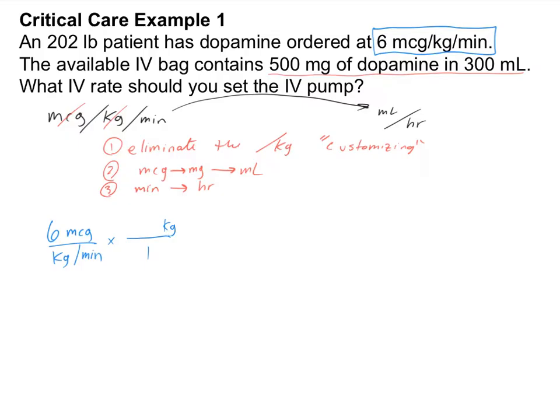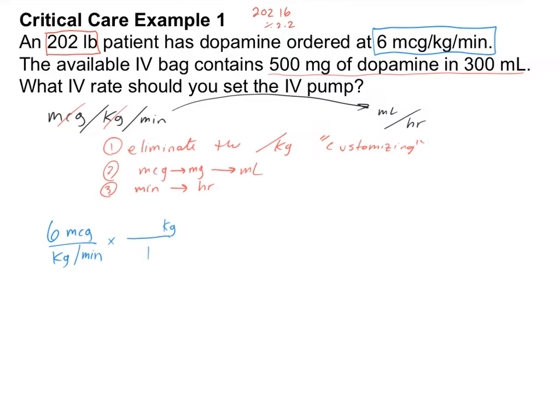So let's see, what is the patient's weight in kilograms? I am told up above that the patient weighs 202 pounds. A very common first step in many of these problems is, if the patient's weight is given in pounds, we'll need to convert that to kilograms. We've been doing this throughout the entire course. If you are familiar and comfortable with just dividing by 2.2, please do that.